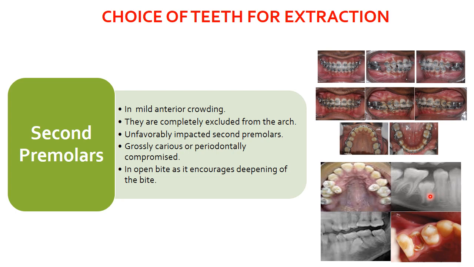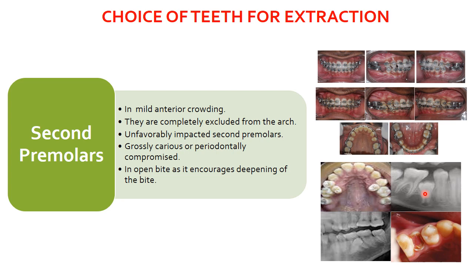Also, when the anchorage requirement is minimum, in those cases when anchorage loss is actually desirable, the extraction space is going to be closed by the retraction of the anteriors as well as mesial movement of the molars.